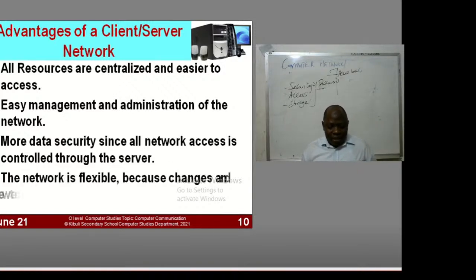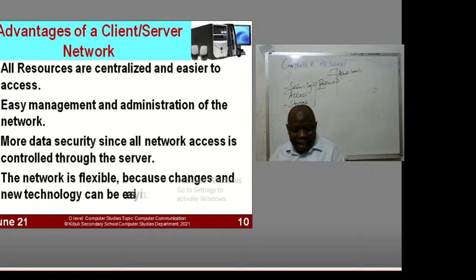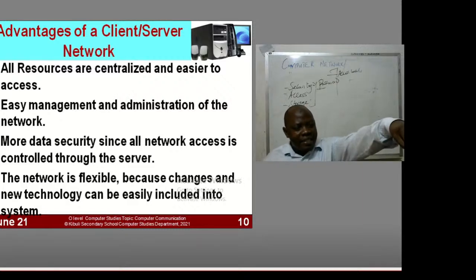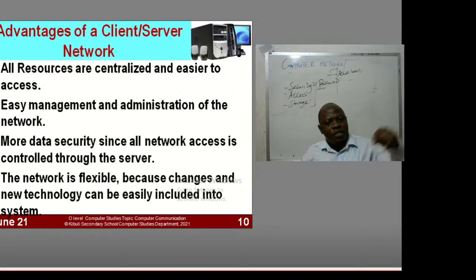Then the network is flexible because changes and new technology can easily be included into the system. You can include technologies. You can access a network from home. I can be working from home. You are seeing that there is lockdown. Many organizations have adopted networks and servers where they have clients working from home, but they're accessing their resources in the offices. Look at URA, a big organization where people can work from home.